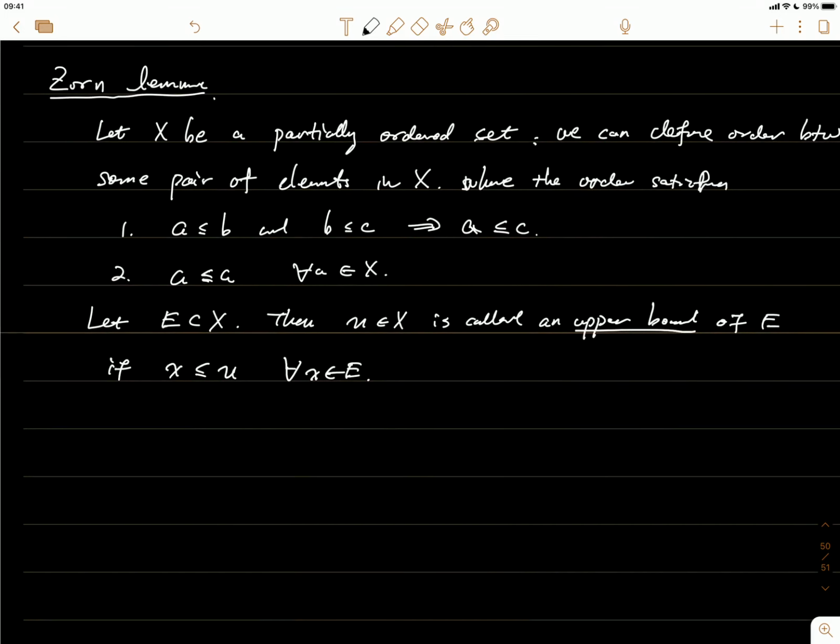And then we can call M, which is an element in X, a maximal element of X if x is less than or equal to M for any x in X.